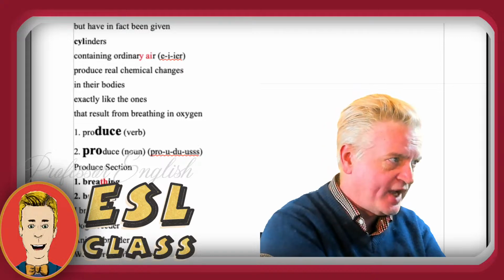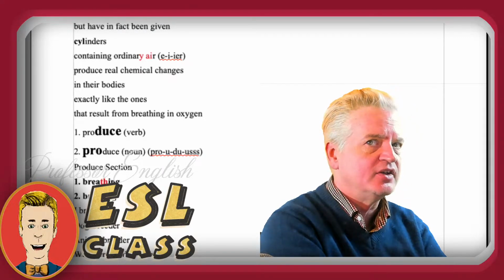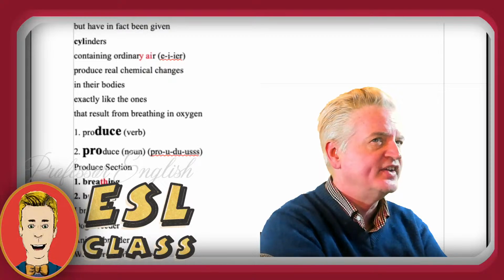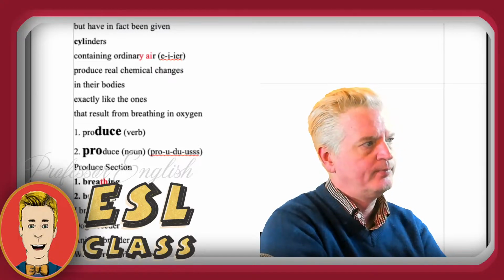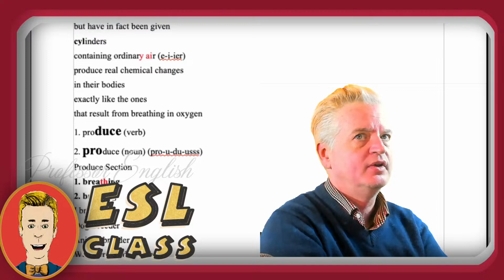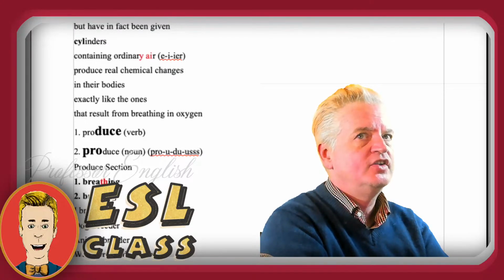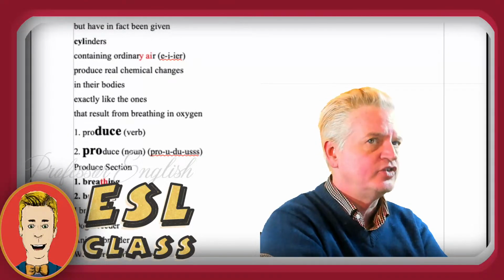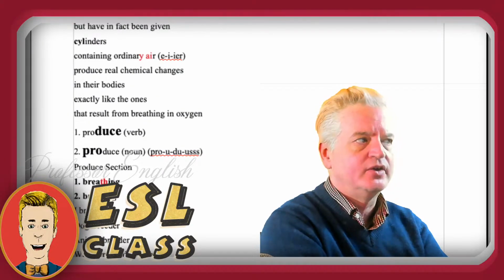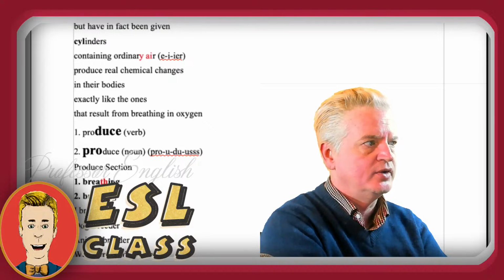Normally, I is a short sound, but here there's an accent, so I think it's long. Cylinders. Linders. So I think it's long, short, short. Cylinders. What do you think?